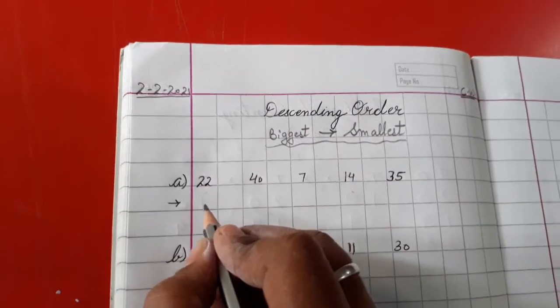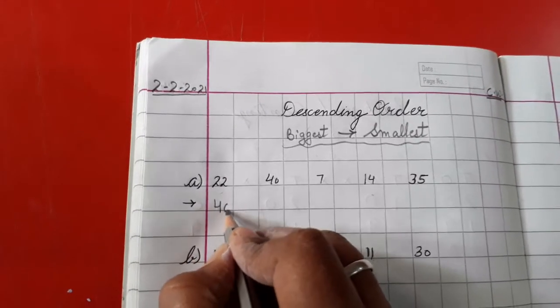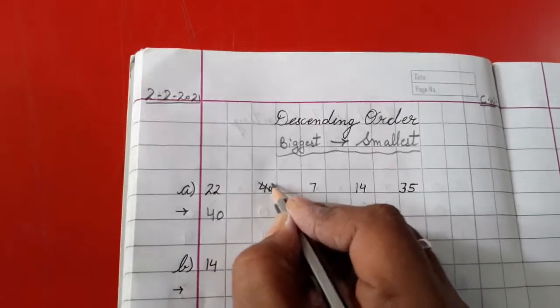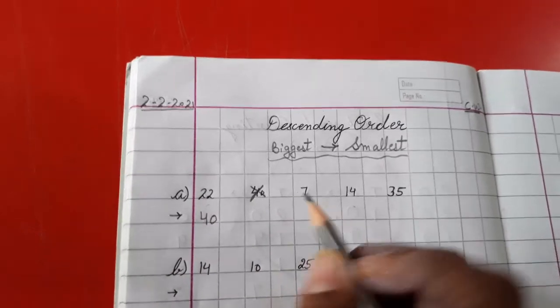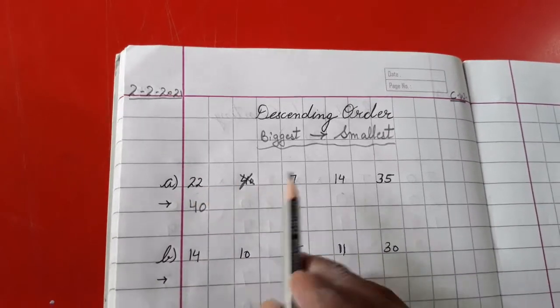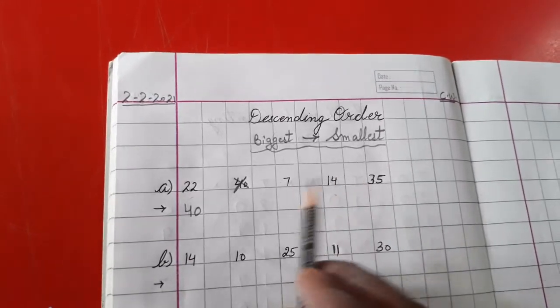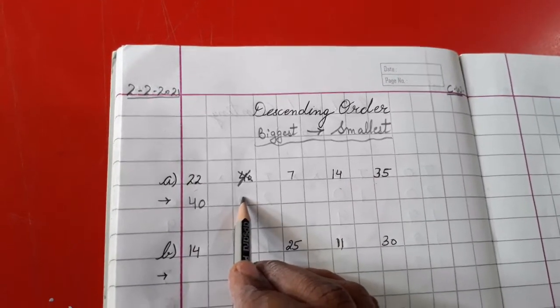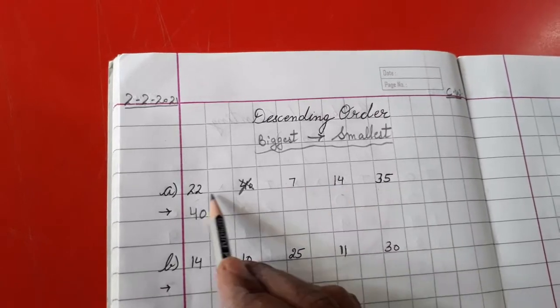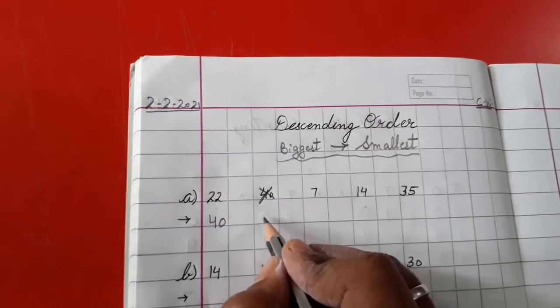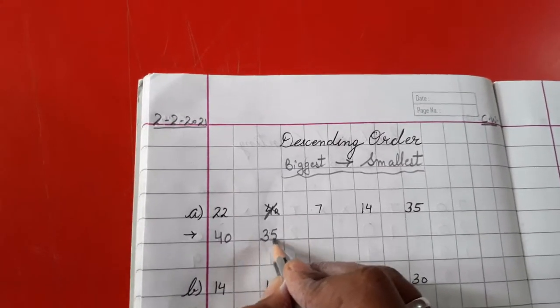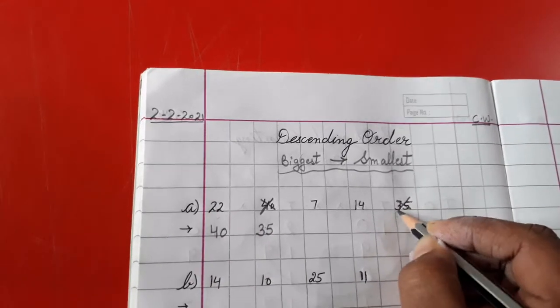Yes? So what we will do, we'll copy that 40 first and then put a cross here. Now we have 22, 7, 14, 35. So the number that we are going to write here will be, yes, which one? 35. So we'll write 35 and cross.